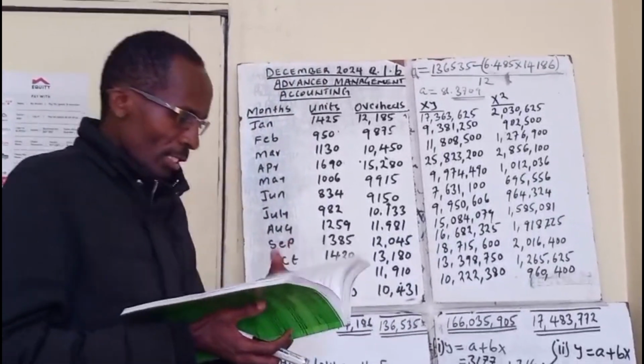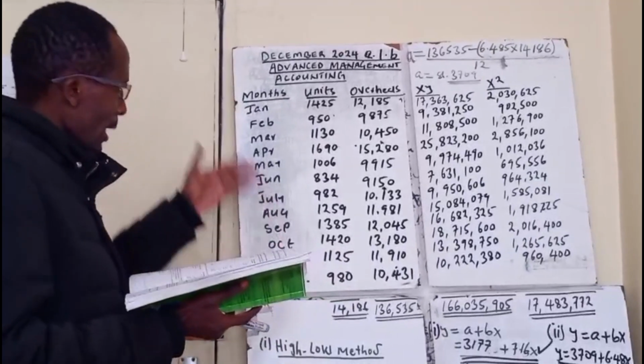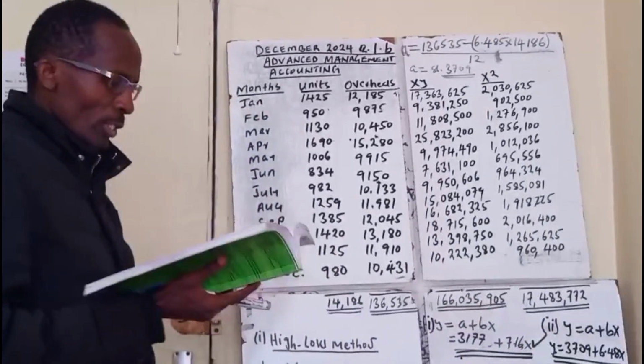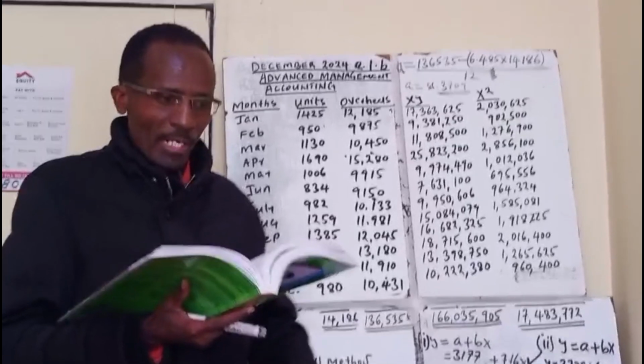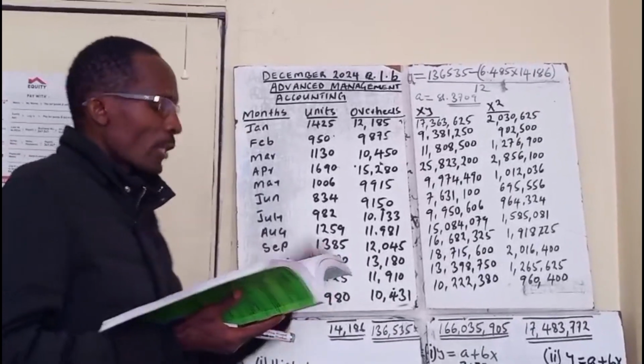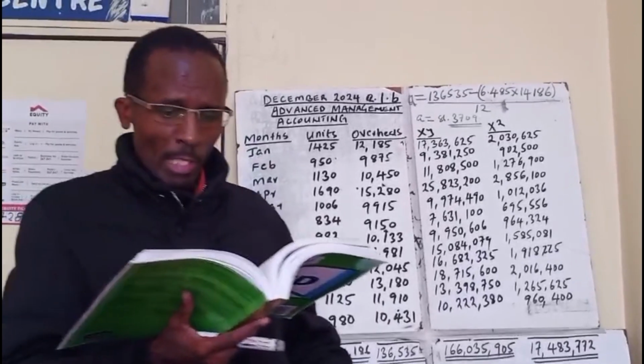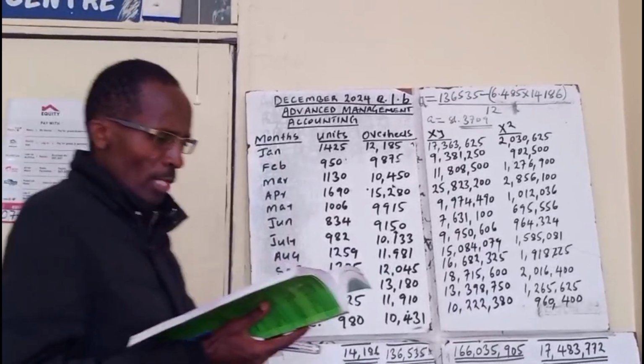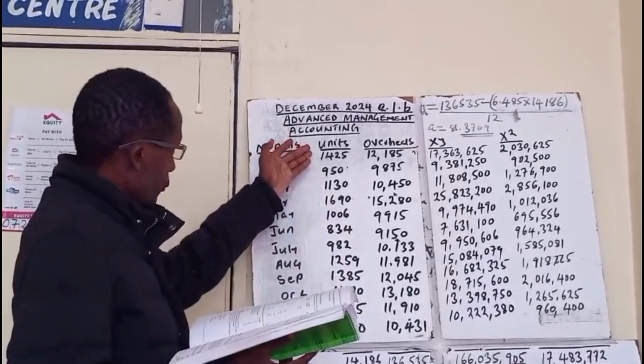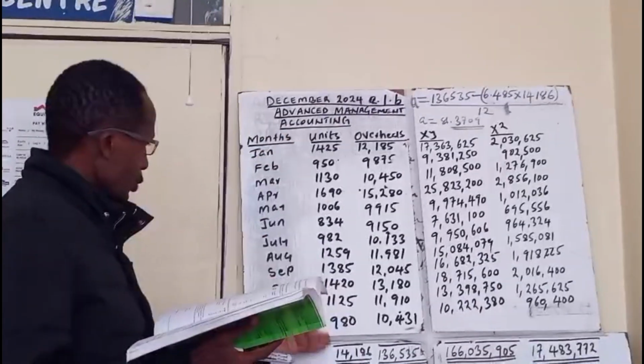You are given the year 2023. The months are here from January to December. Those are 12 months. That is what we'll be referring to as our N when using the regression method. Then we have equivalent production in units, from January to December.